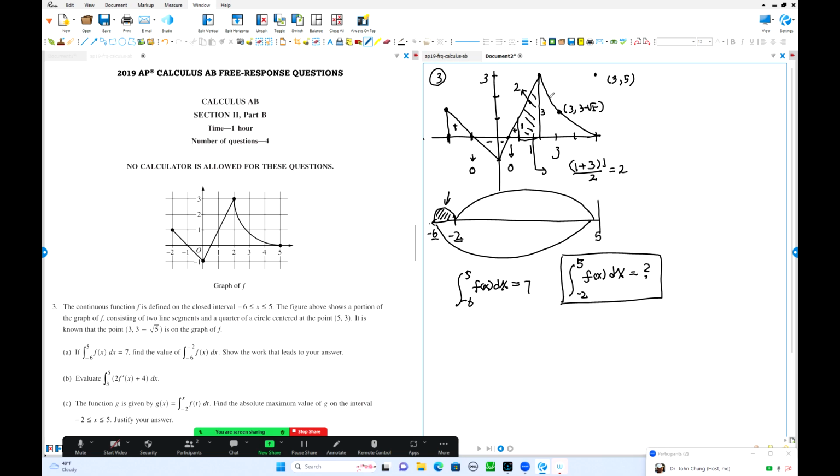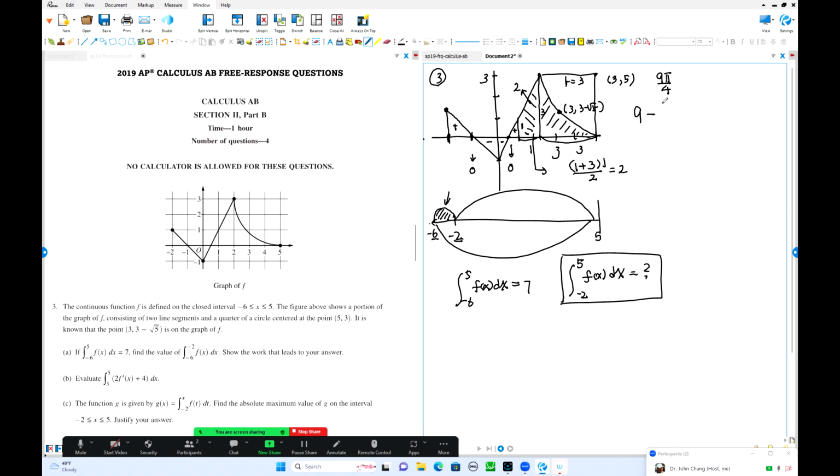Now let's find this area. You can find it from these squares. The area of this square: the length is 3, the other is 3. 3 times 3 is 9, minus a quarter of a circle. This radius equals 3. The area of the circle is pi r squared, which is 9 pi, but that is a quarter, divided by 4.